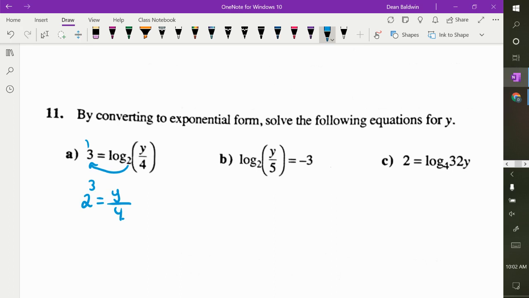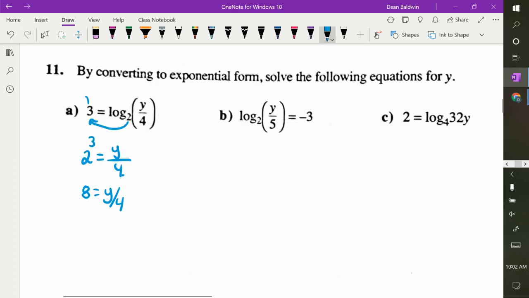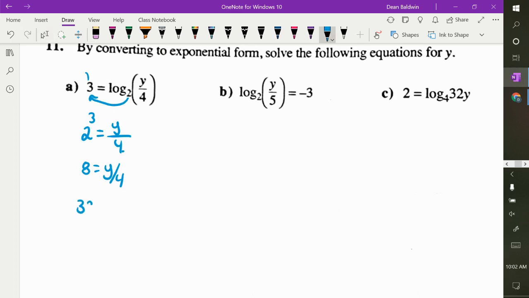What's 2 cubed? 8. How do I get rid of the 4? Multiply it up. What's 8 times 4? So 32 is equal to y. That's what they want you to do for that one. Like, actually get the number. Okay? Are we okay?